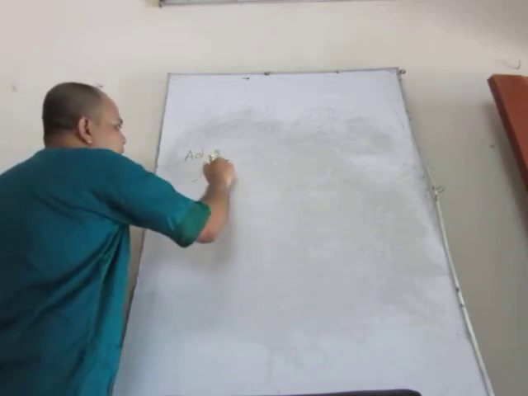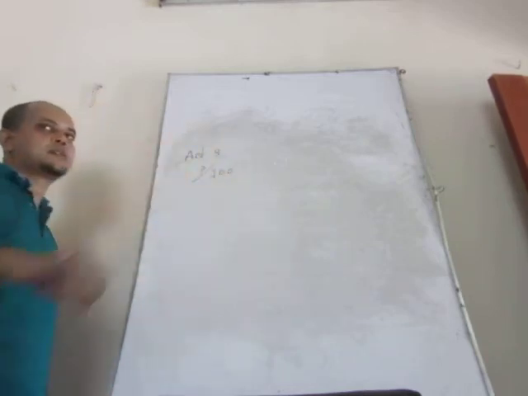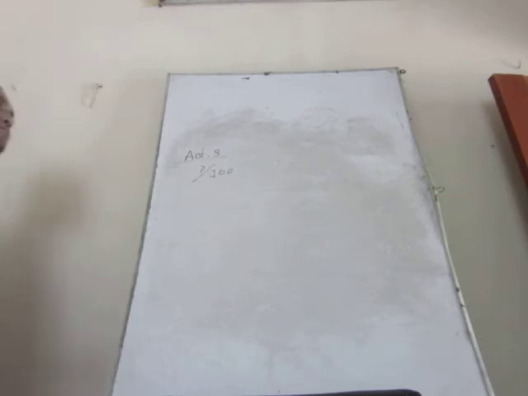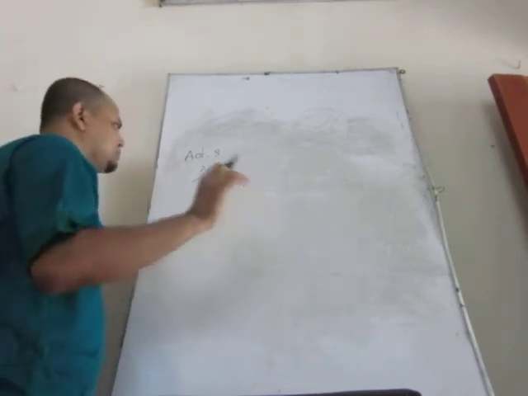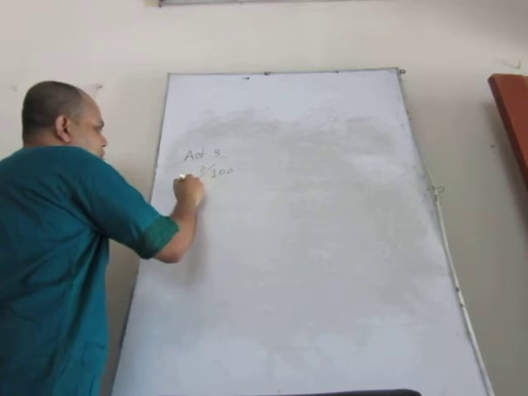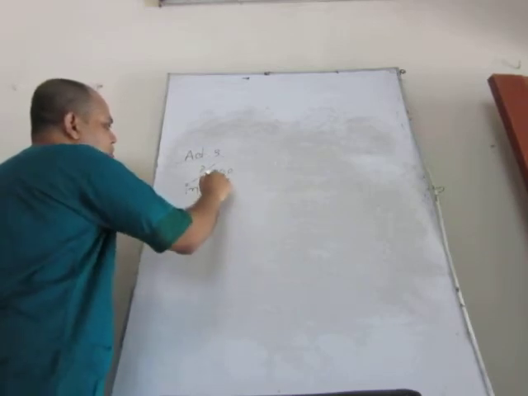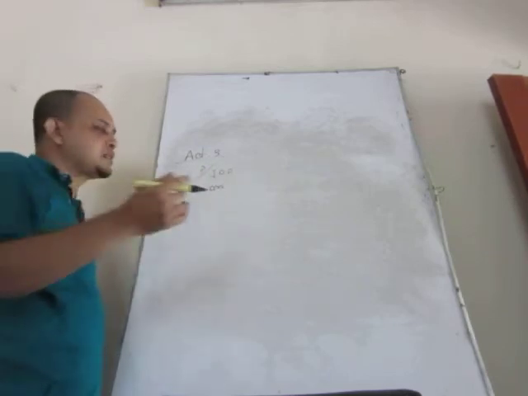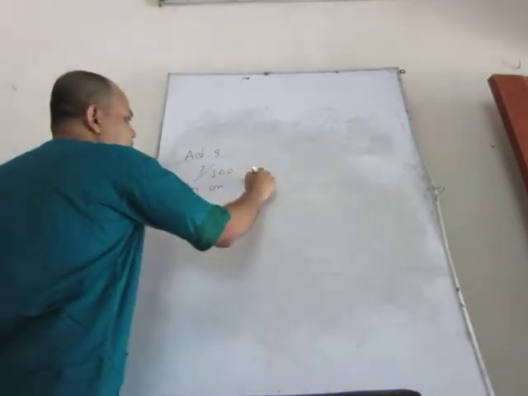Suppose initially your profit is $100 to be apportioned between the partners, and interest on drawings is, suppose, 10%.